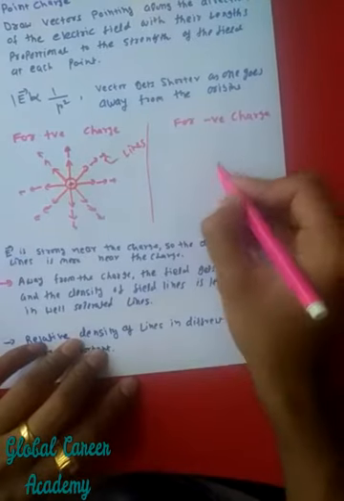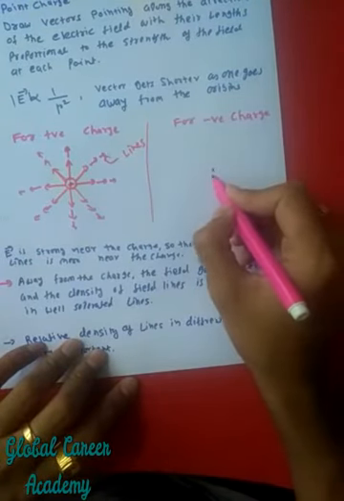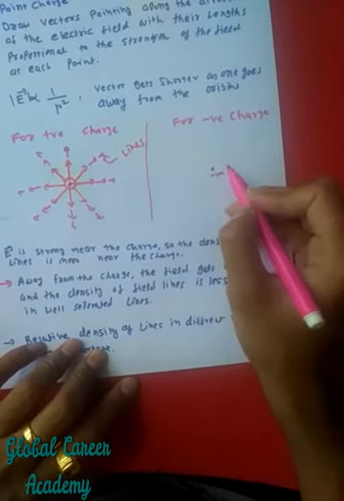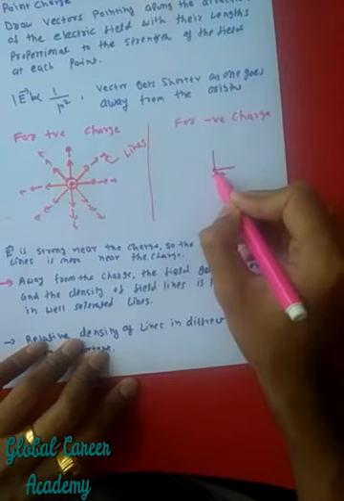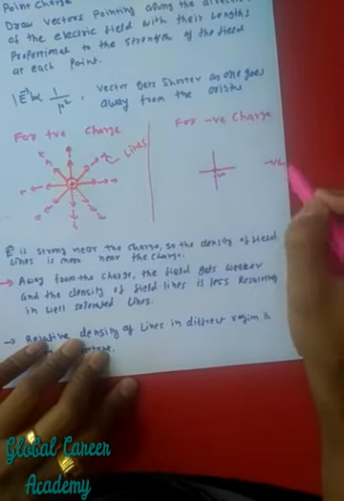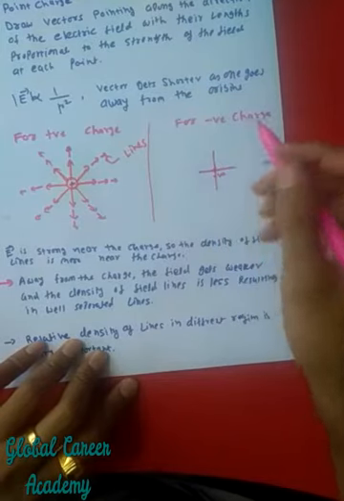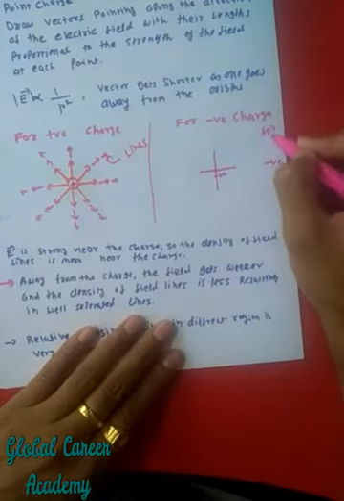If I want to draw the same thing for a negative charge, then let us consider a point charge which is negative over here. I will draw the vectors first. These are the vectors. As this is a negative charge, the direction of the field is always from higher to lower.